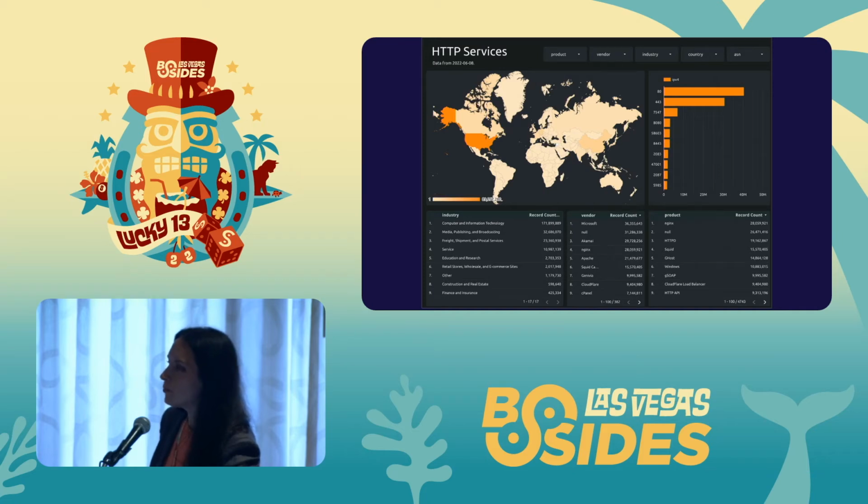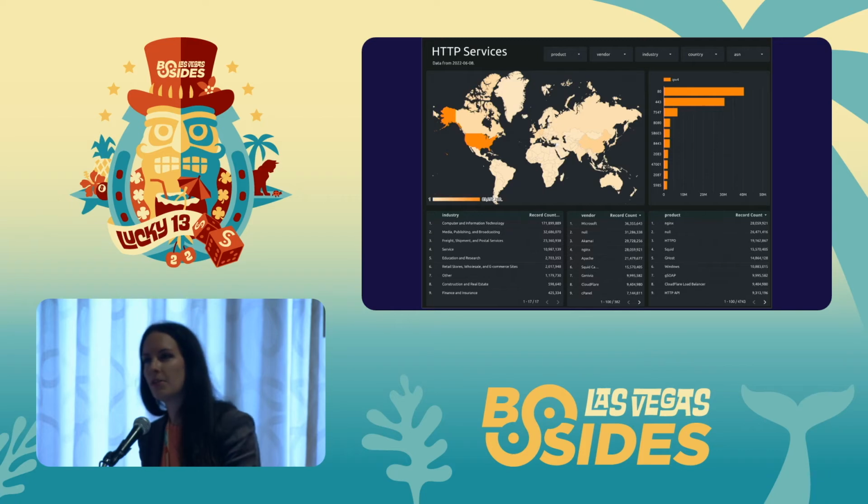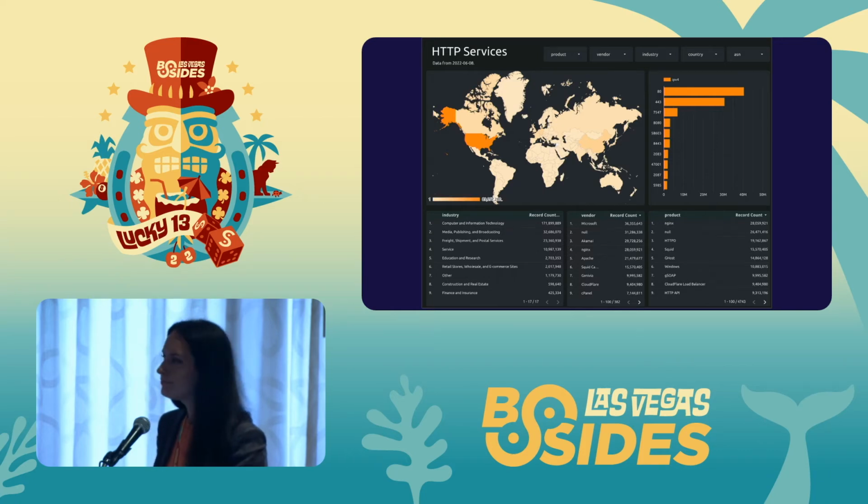And then on this bottom row, in the far left corner, we joined up our internet-wide scan data with a data set called ASDB. It's a project out of Stanford University, and it categorizes autonomous systems into different industry buckets, which makes it a little easier to compare things over time and also to each other.